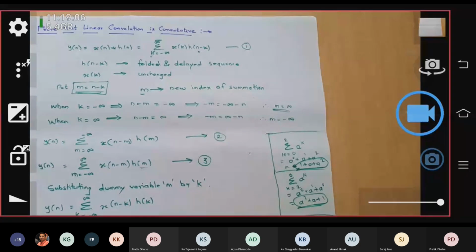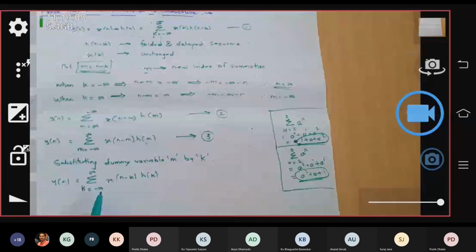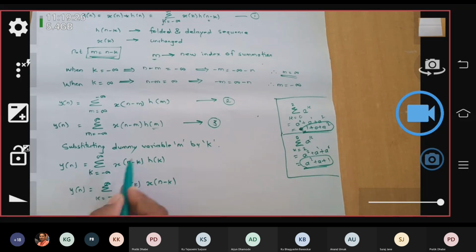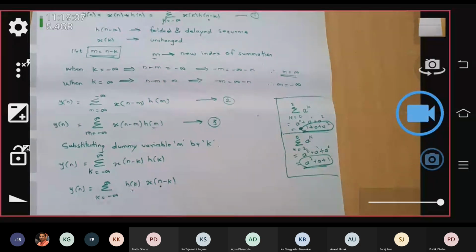Now if you observe this equation carefully, you will come to know that this is nothing but y of n equals summation k equals minus infinity to infinity of h of k into x of n minus k. I've simply changed the order of the sequences. Now this is the folded and delayed sequence, whereas x of k is the original sequence.